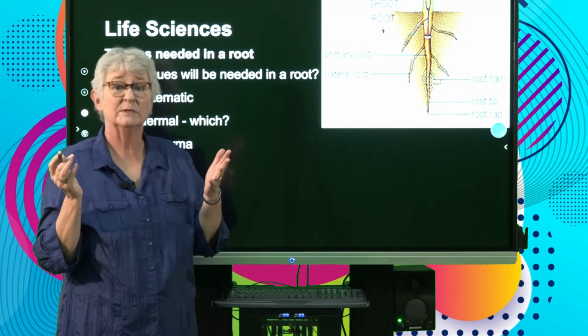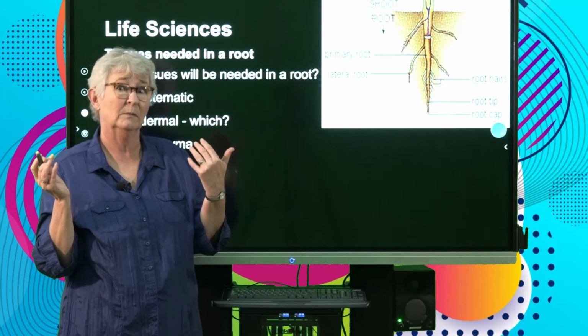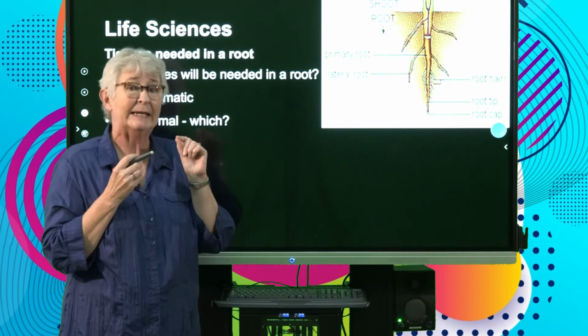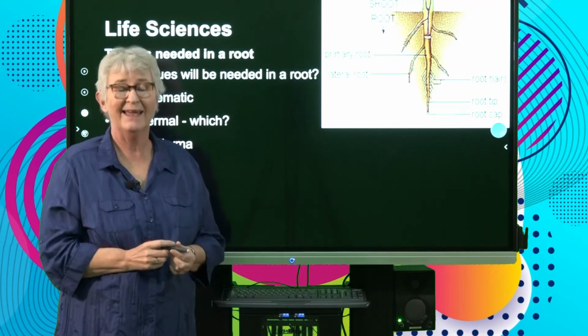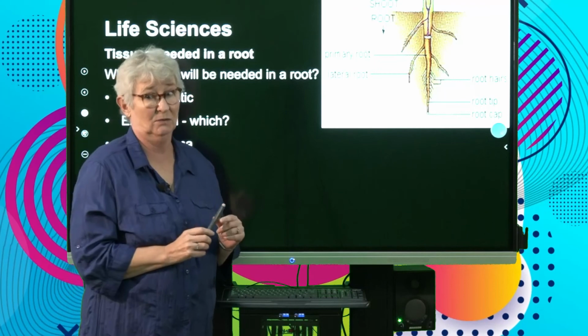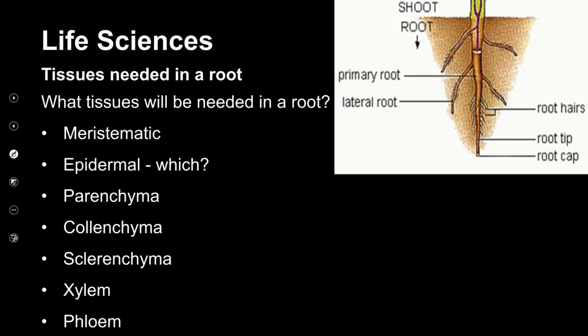Will it need meristematic cells? Will it need xylem? Will it need phloem? Think of any type of tissues that we've done that would be needed for the plant to be able to carry out all of these different functions. For example, does it need to be able to divide? Does it need a protective covering?